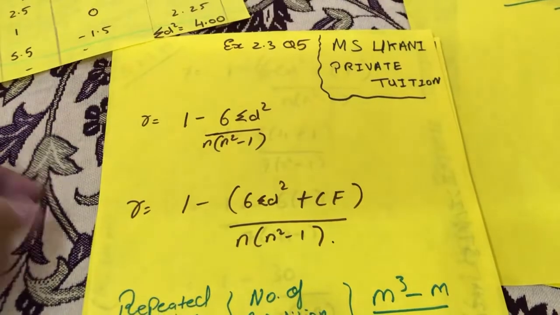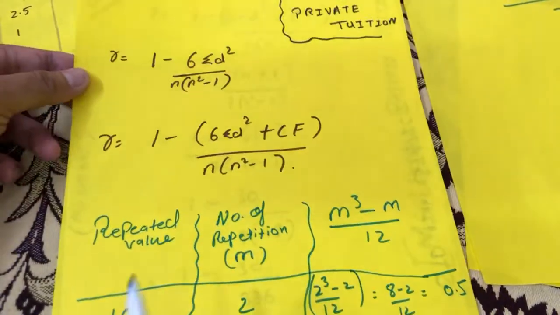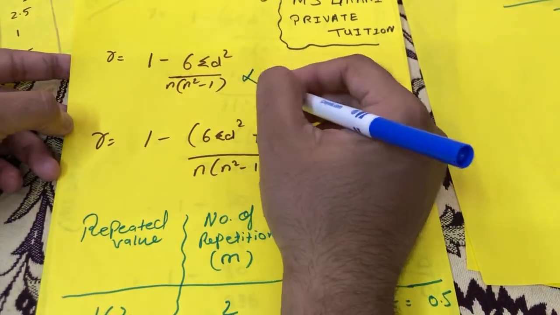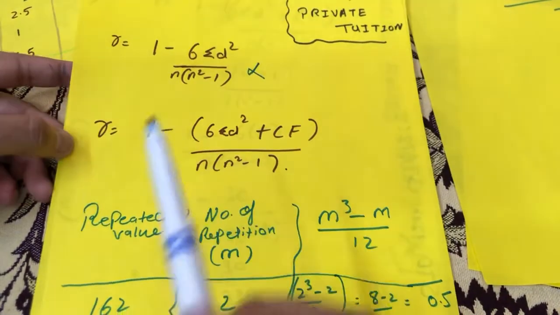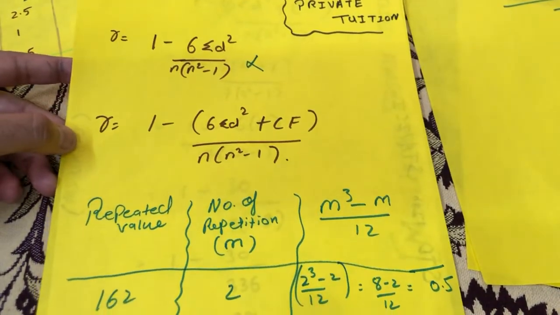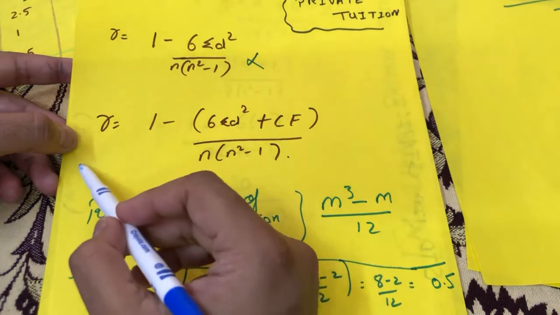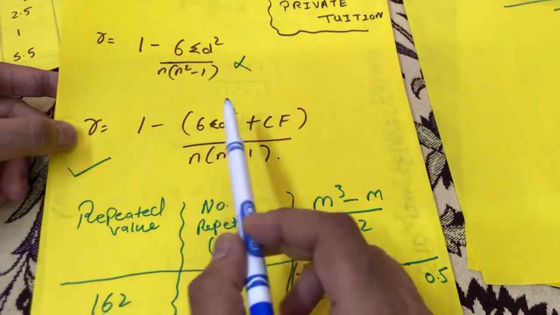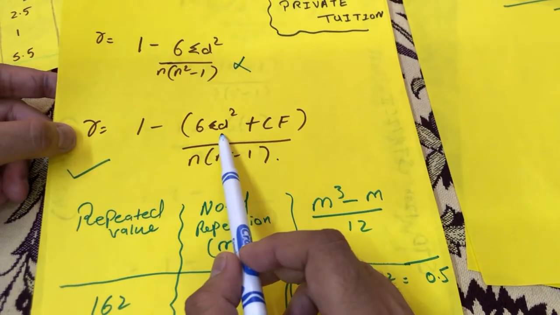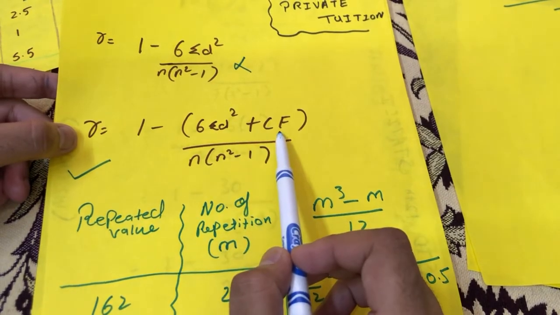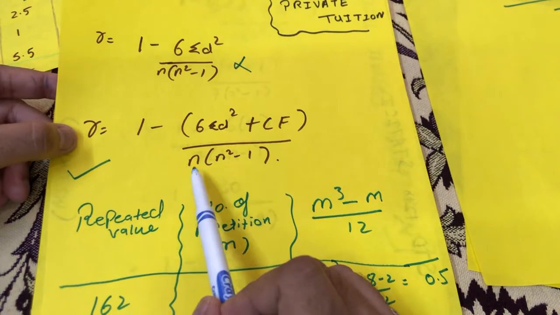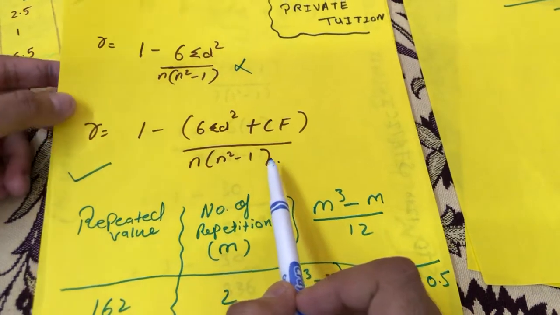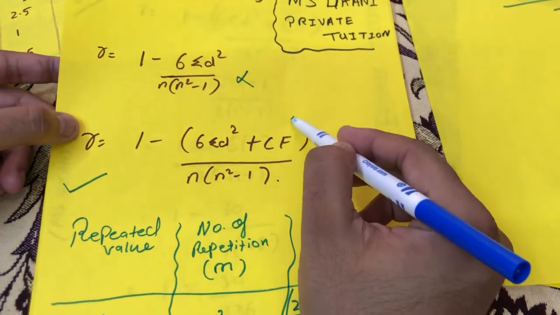So there is a little change in the formula. We do not use this formula when a number is repeated in the column. Then we have to use this formula: 1 minus 6 summation D square plus CF upon n square minus 1. Here the new term is CF.